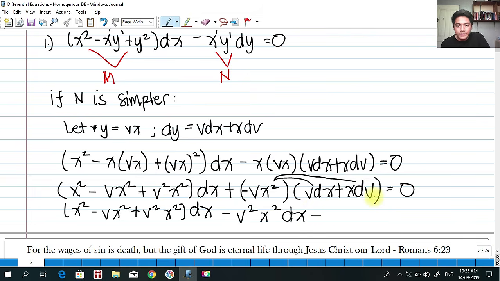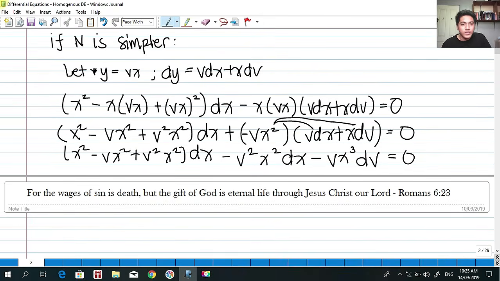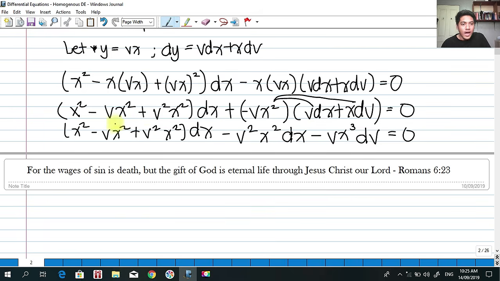and then we have negative vx cubed dv is equal to 0. Okay, we can simplify. As you can see here, I can distribute this.